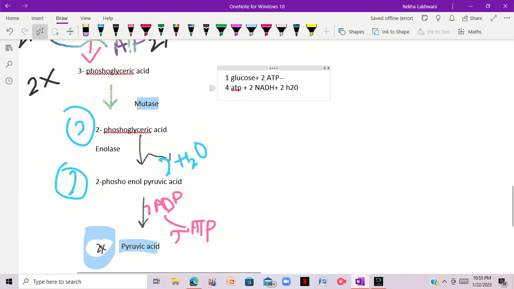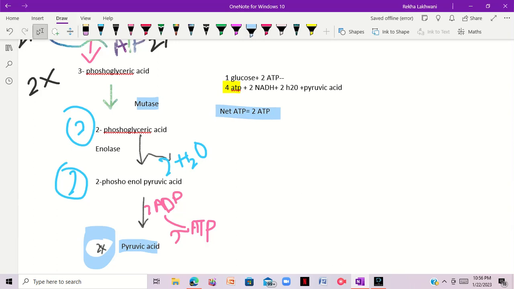Yes, two pyruvic acid. So basically, we got four ATP over here, but we also utilized two ATP in the beginning. So the net ATP which we got is 2 ATP, right?